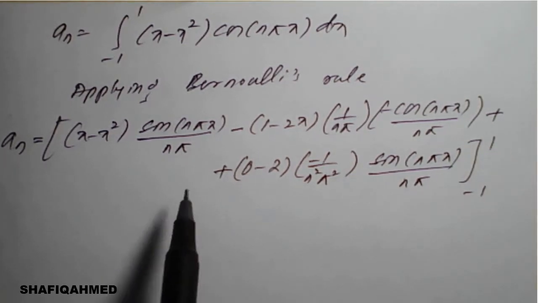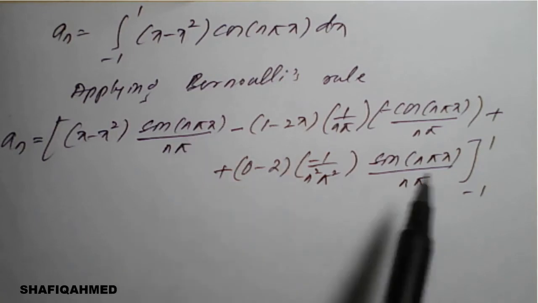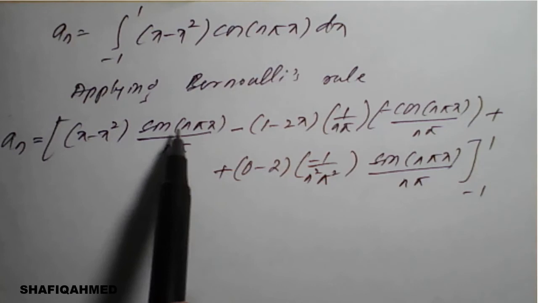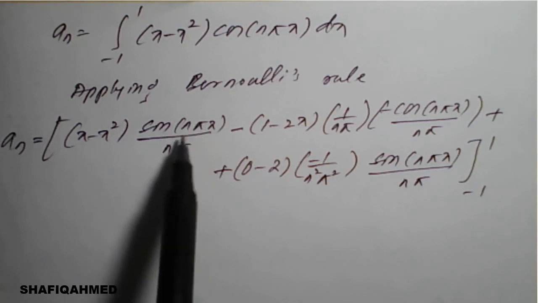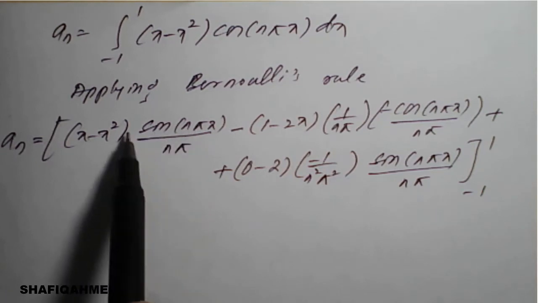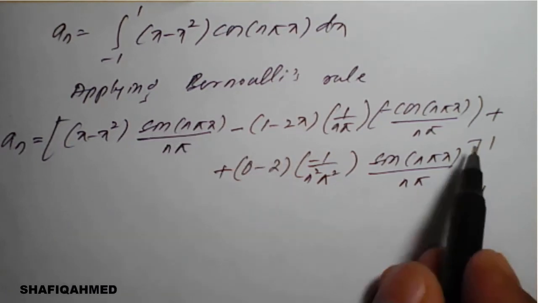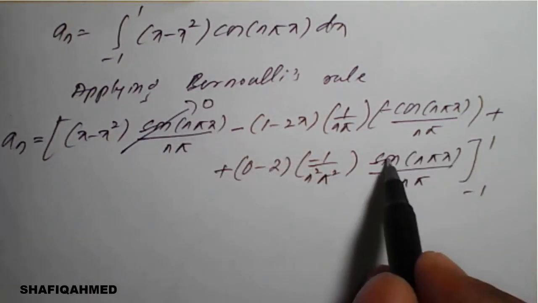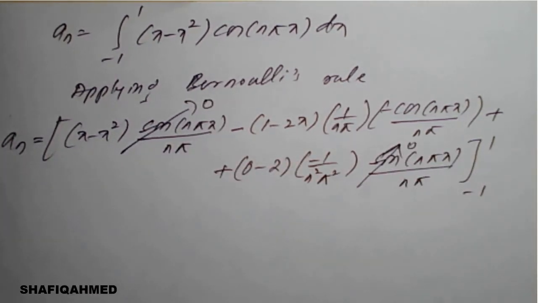So if you replace one thing here, I will go directly. If you replace x by 1, sine n pi is 0. If you apply -1, sine of minus n pi is minus sine of n pi. So if you apply upper and lower limit, the sine term will vanish, as well as the last term will vanish here directly.